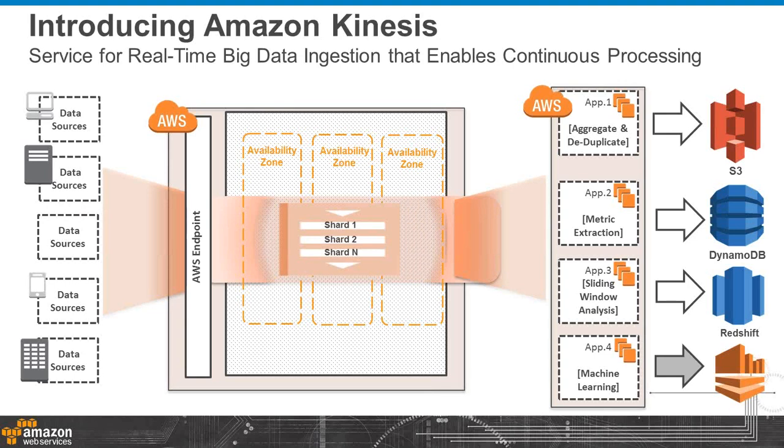Now imagine a system where you can put data from a variety of different data sources, be it on-premise servers, EC2 instances running portions of the application stack, mobile devices, smartphone sensors, as long as they can do a put, the ability to do a put that gets captured reliably, stored durably, replicated across availability zones by default, and then exposed for processing to multiple different applications that you can author, develop, and run.